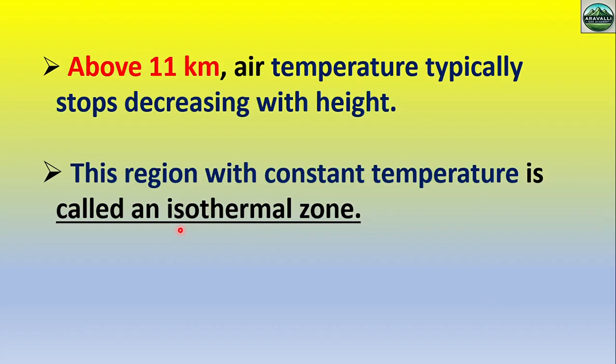At the tropopause, temperature is constant. Iso means same, thermal means temperature, so this zone is known as the isothermal zone, where the temperature is constant.